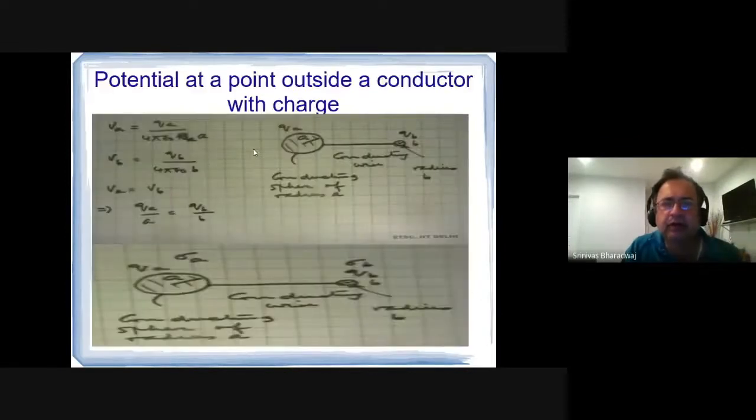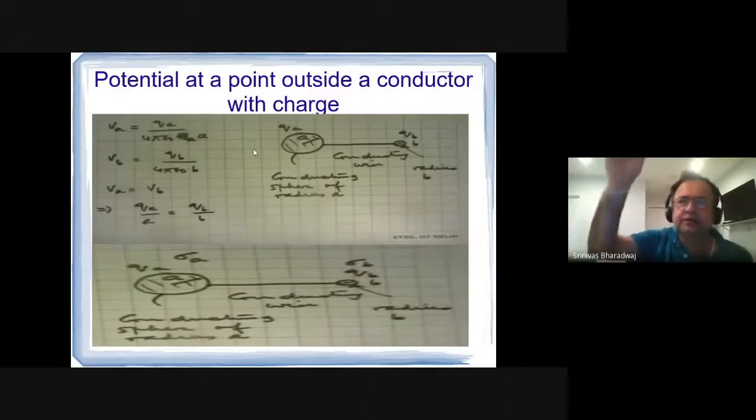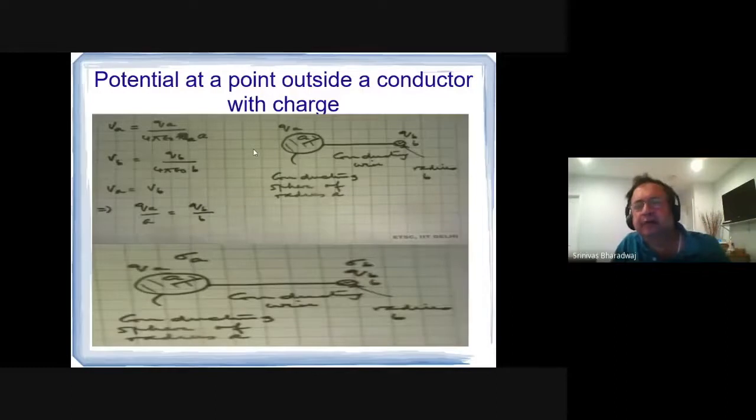So now what happens? When you have a potential at a point outside a conductor with a charge, you draw a Gaussian surface around it, and the resultant will let you calculate E dot dA.